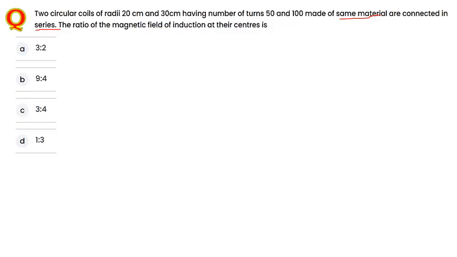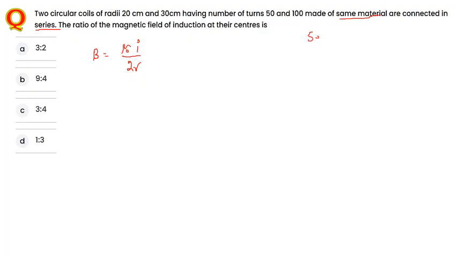For the magnetic field induction at the center, hope you remember this one, B is equal to mu naught I divided by 2R. This is the formula. And two highlighted points, one is the same material and another is that both are connected in series.